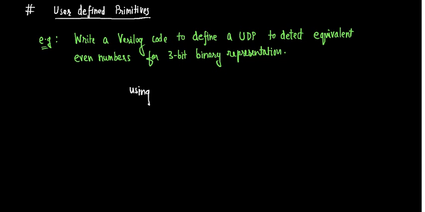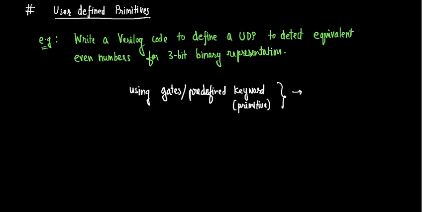using gates or predefined keywords is also called a primitive, and is called an instance.